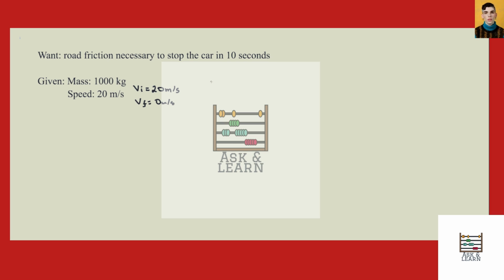So let's calculate the momentum initial, which is going to be equal to the mass of the car multiplied by the initial velocity, which is just 1,000 kilograms multiplied by 20 meters per second.